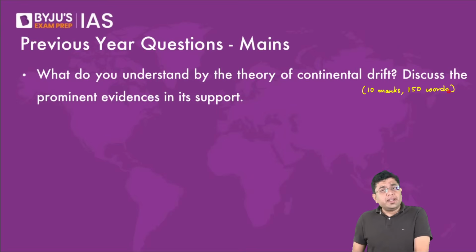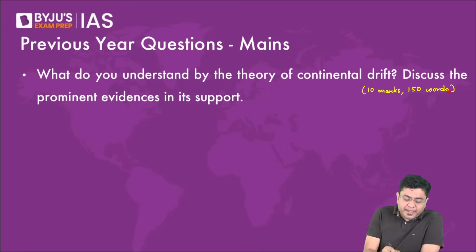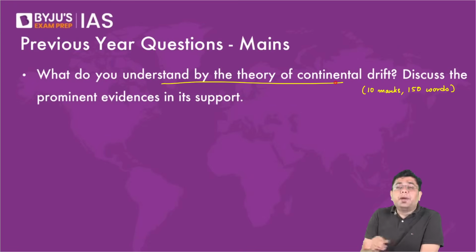Now, how do you create an answer? So, first of all, here you have to understand that the question has two particular parts. The first part is, what do you understand by the theory of continental drift? And the second part is, discuss the evidences in its support.